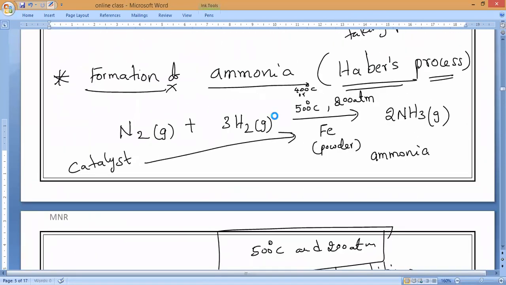Formation of ammonia is a very slow reaction because it requires 500 degrees Celsius and 200 atmosphere. If we introduce iron powder, it increases the rate of reaction, making nitrogen and hydrogen react faster, allowing ammonia to be produced. But iron will never be involved in the reaction. That is what we call a catalyst. Is it okay, guys? That is what you have to remember.